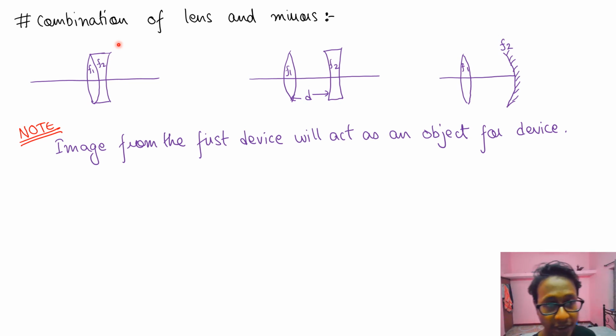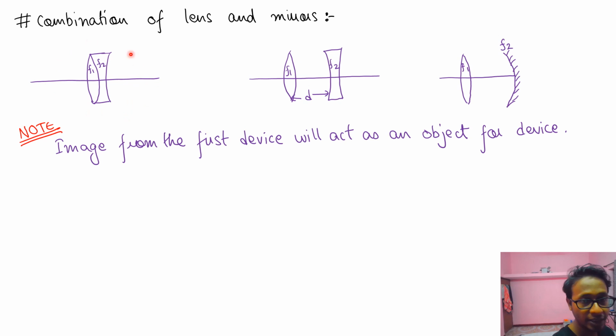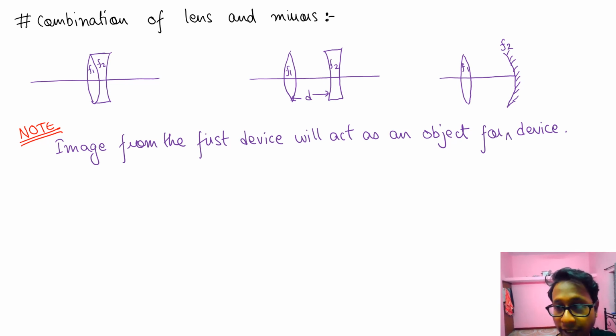The first scenario is a combination of two lenses. The image from the first device will act as an object for the second device.